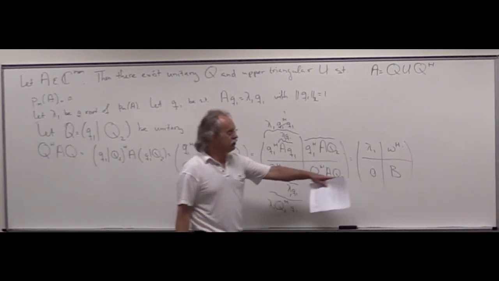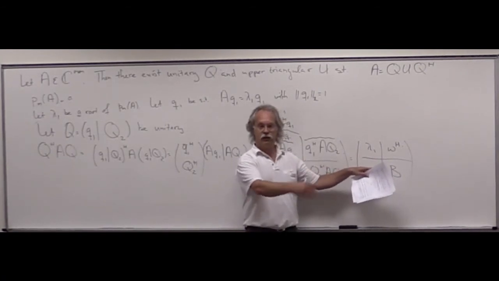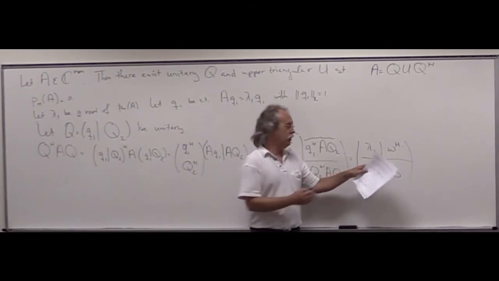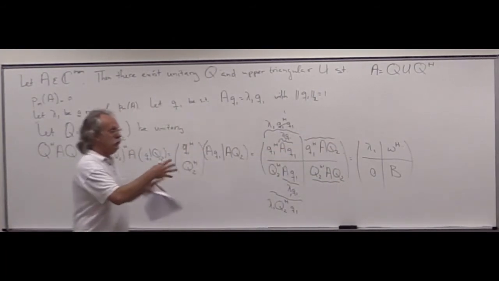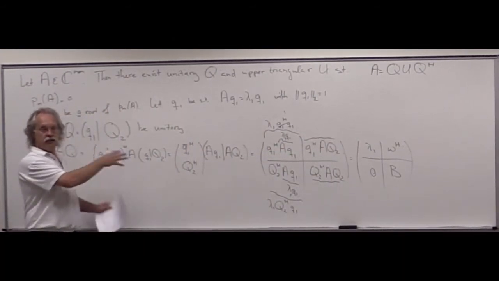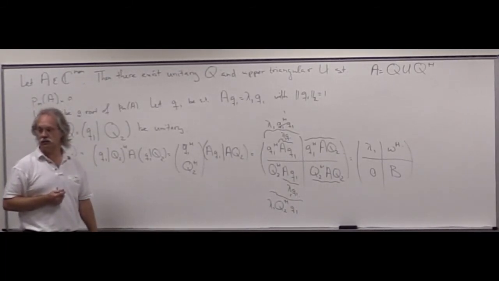And you can imagine that you can then continue with B to pull off another entry. What you end up with is having to bring out the unitary matrices and multiply them together to get a new unitary matrix, which is then actually the unitary matrix that we want. And we're done.